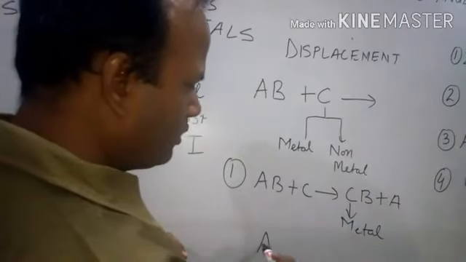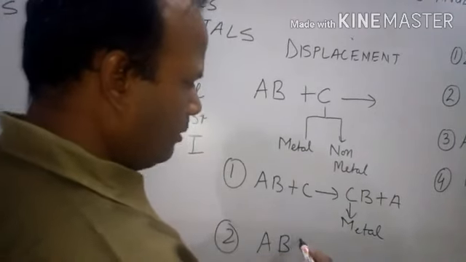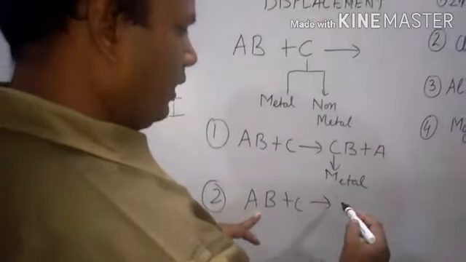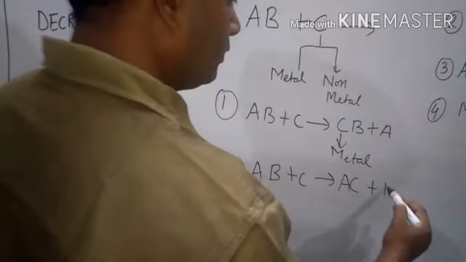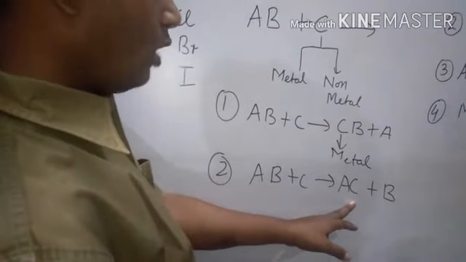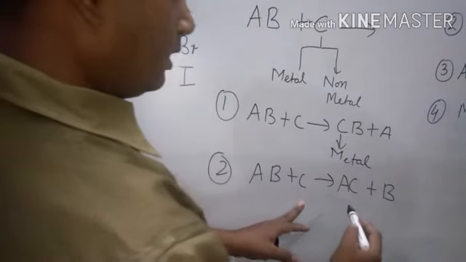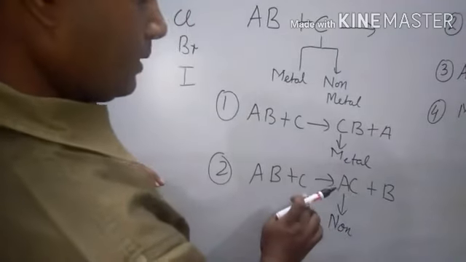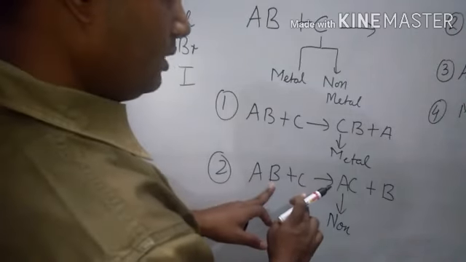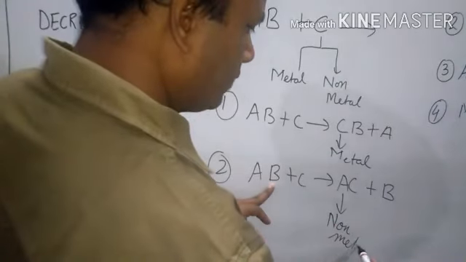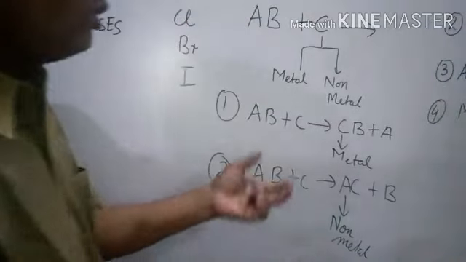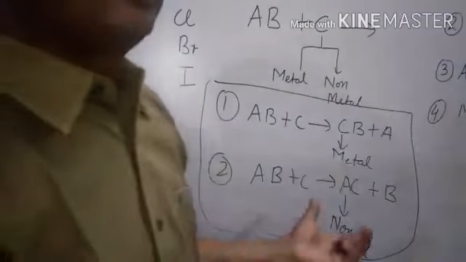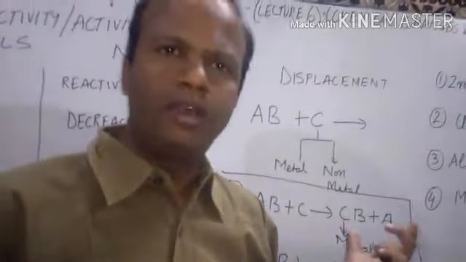Now if this reaction goes like this, AB plus C gives AC plus B, B is being displaced. So what is C acting here as? C is taking the place of B, which means C is acting here as a non-metal. So we have two types of representation in the case of displacement or replacement reaction.